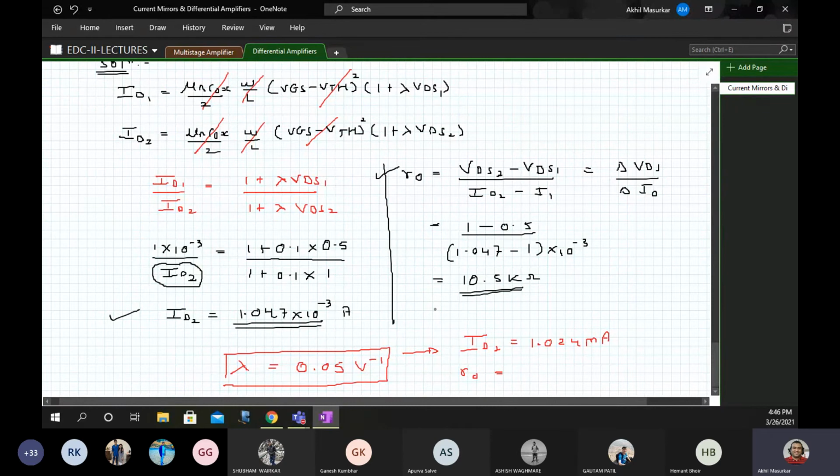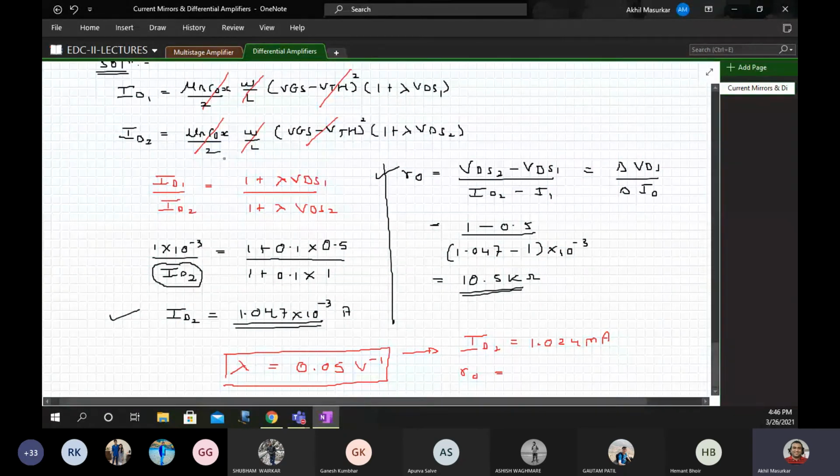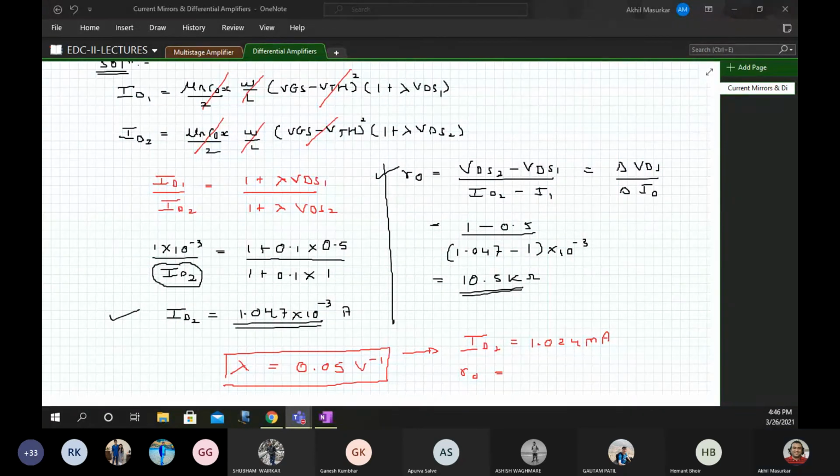Please check the decimal places. I think it is 20.8, not 208. Yes, Apurva, that is correct.